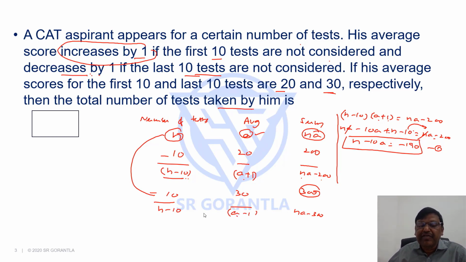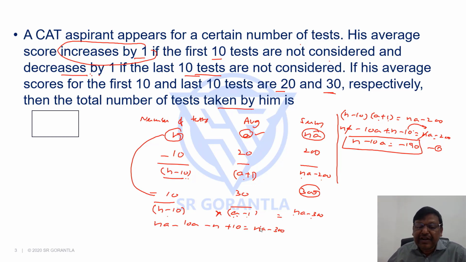So now the second equation we can write is the number of tests into the average should give you the total. (N minus 10) into (A minus 1) equals NA minus 300. Again if I multiply, NA minus 10A minus N plus 10 equals NA minus 300.